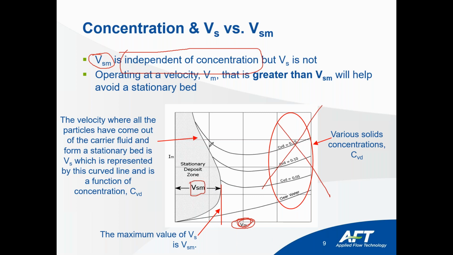So it is okay to pay attention to what your settling velocity value is, but something that is more of value is the maximum settling velocity itself, and you want to try and operate at velocities higher than that.